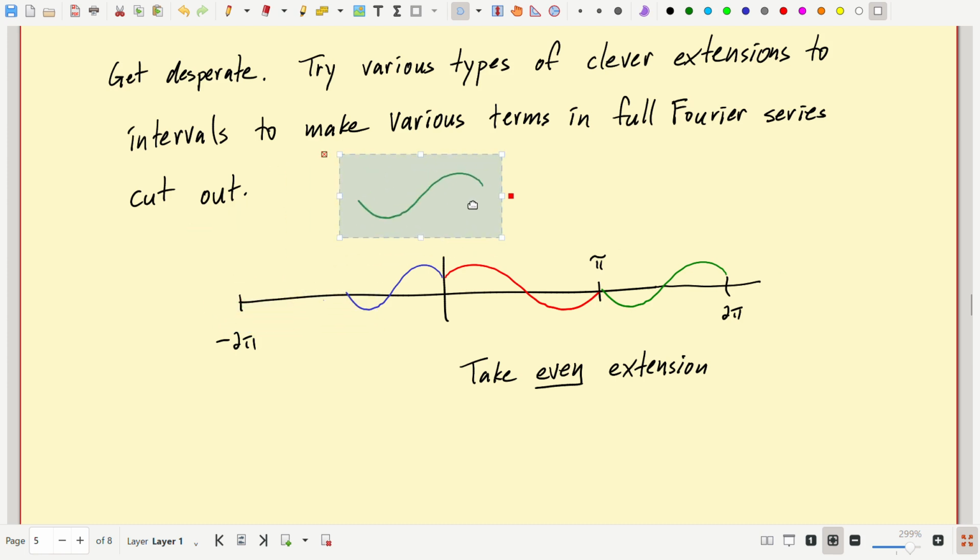And then finally I need this one. Do I need to turn that in? No, I don't need that one, sorry. I need this one. There. So what I did, I did a symmetric thing from pi to 2 pi, and then I extended it as an even function. So here's minus 2 pi.